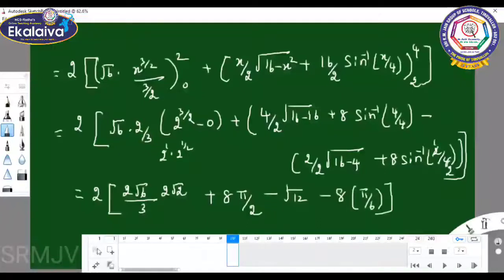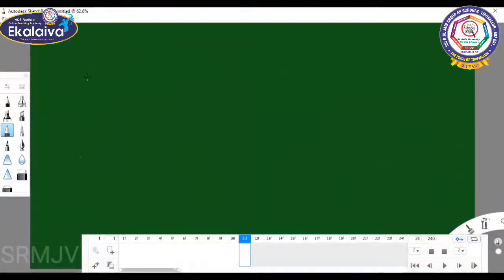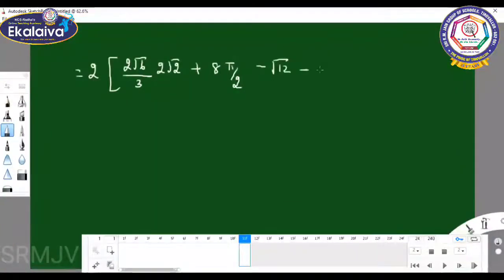See here, 2 root 6 into 2 root 2 plus 8 into pi by 2 minus root 12 minus 8 into pi by 6. 2 twos are 4.